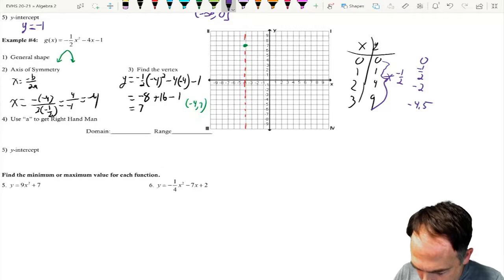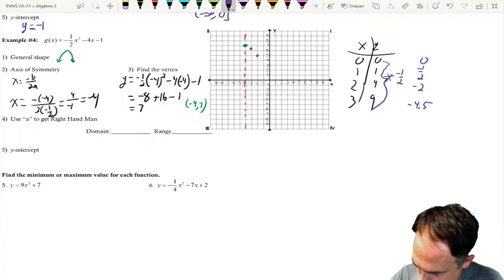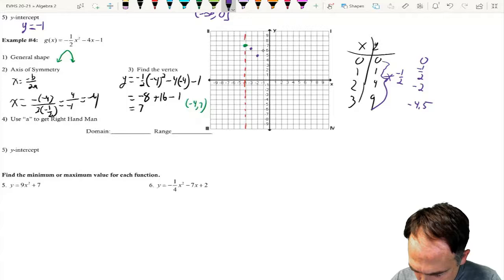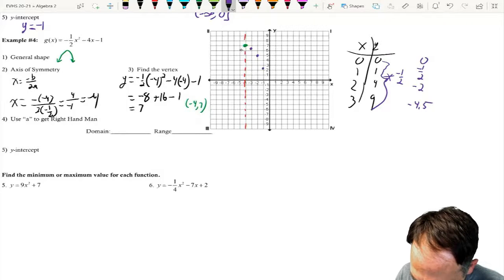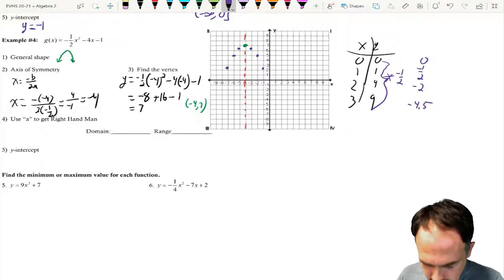Then reflect all of those over the axis of symmetry.